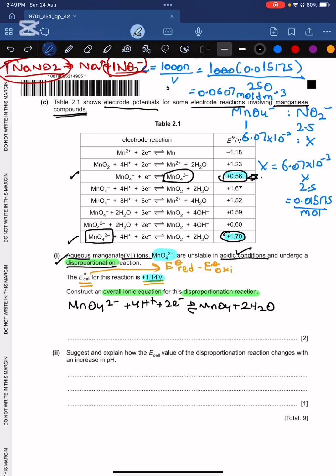And whenever we are writing the overall equation, we always flip the oxidation reaction. We keep the reduction as it is, but we flip the oxidation reaction. MnO4 2 minus becomes MnO4 minus plus e minus.